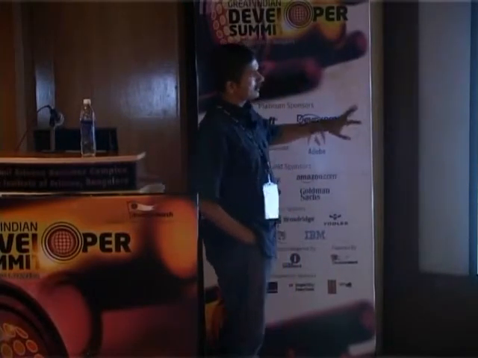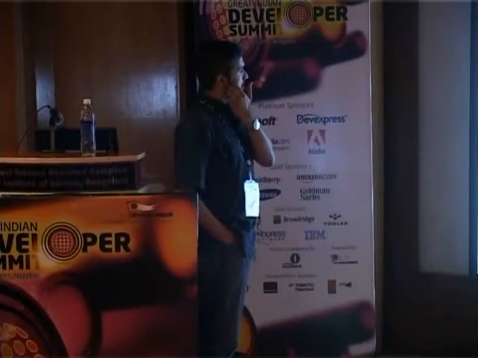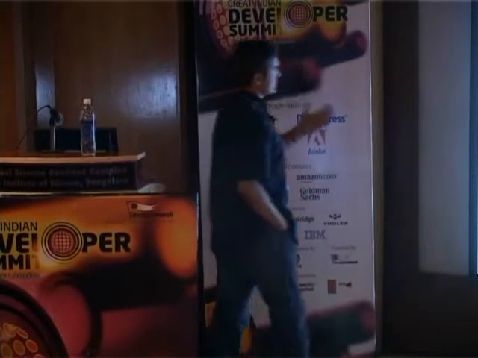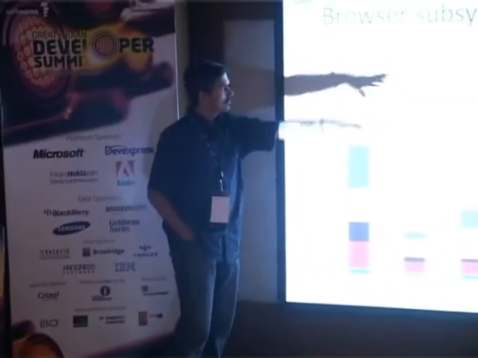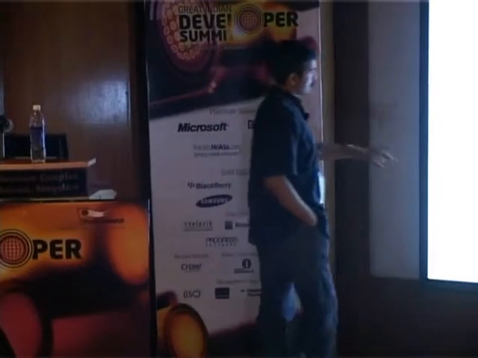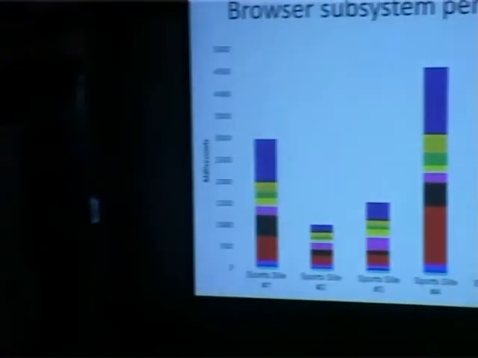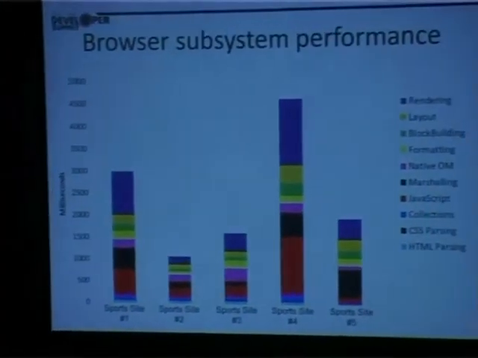So we can see a unique signature for each site, right? And there is of course a difference in the absolute total time taken for rendering one particular page. And also you can see that the composition of the different slices for each subsystem is also different, right? But there are some patterns that you can see.